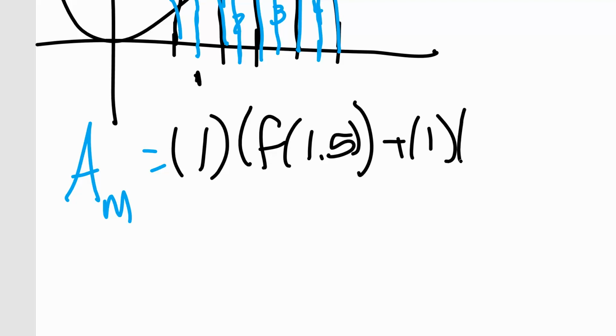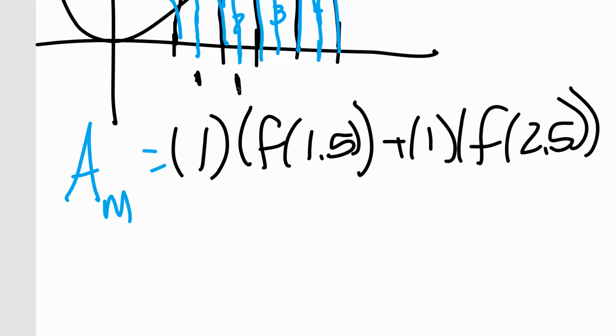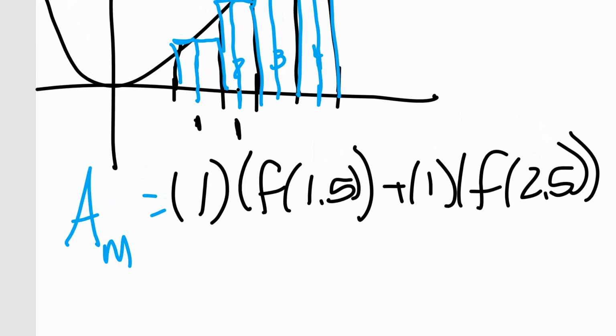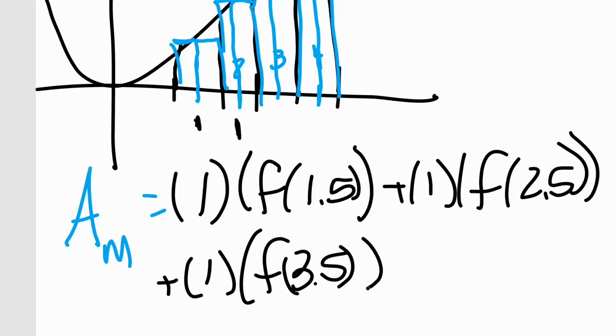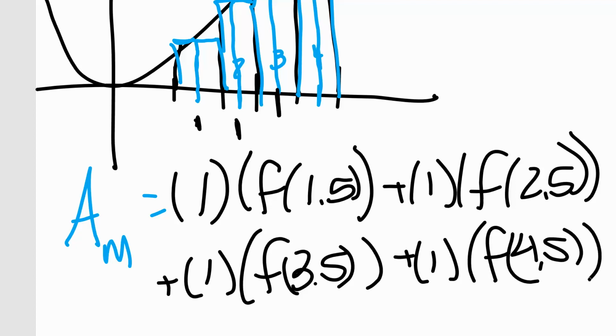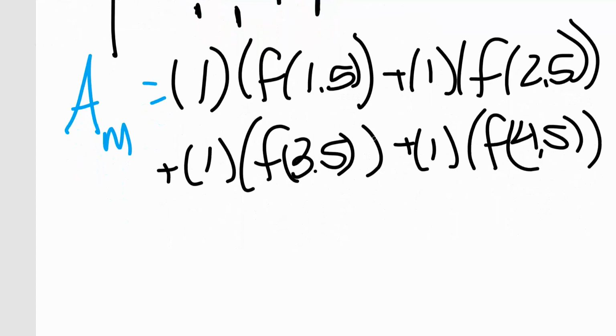Plus my base again is 1 times f of 2.5. That is the middle value of the base of rectangle 2. Add to that, again, my base has a width of 1 times f now of 3.5. That is my x value in the middle of that base. Plus again, 1 times f of 4.5. So that's going to be my x value in the middle of that base. All right, well again, 1 times everything is just itself.